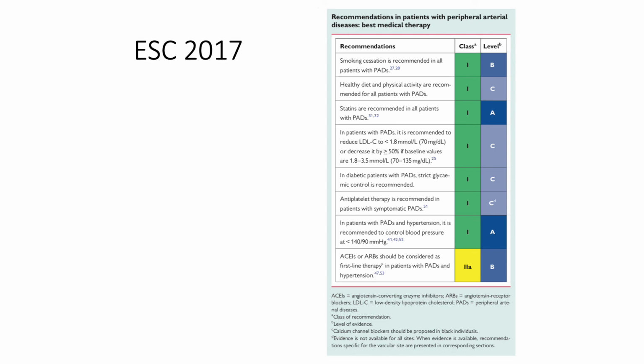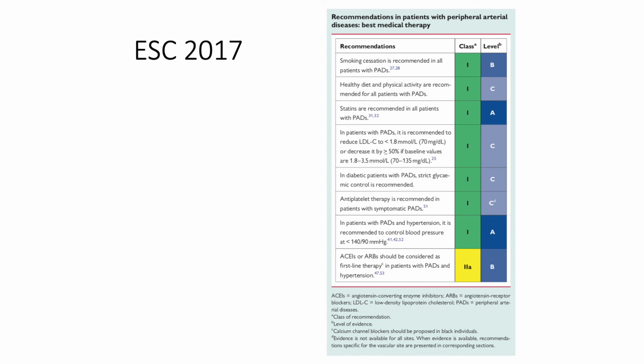Now here's the ESC guideline with the recommendations in patients with PED. Like I said, the best medical therapy, the best thing is smoking cessation. It has a class 1B level of evidence. Healthy diet and physical activity are recommended. Statins, in patients with PED, it's recommended to reduce LDL-C to less than 1.8 or decrease it by 50% of baseline.